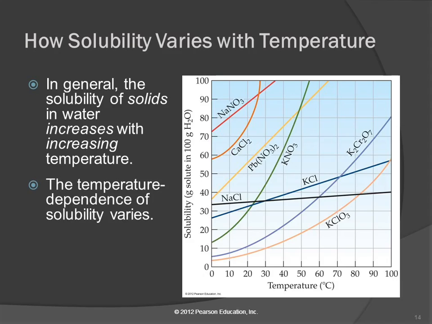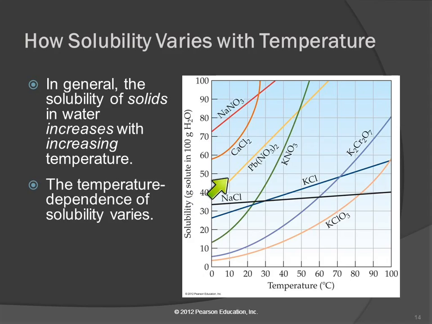The solubility of substances varies with temperature. For solids, the solubility usually increases with increasing temperature. So here if we look at, say, lead nitrate, here's the solubility at the freezing point of water. It looks like it's maybe 37 or so, 37 grams of solute per 100 grams of water.